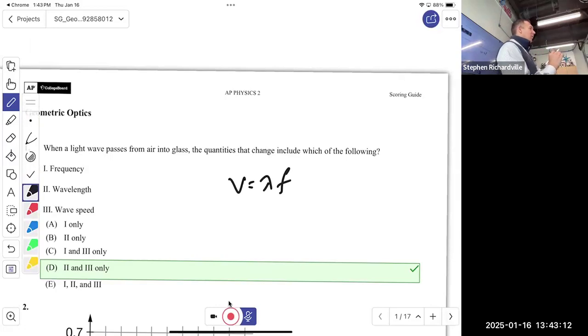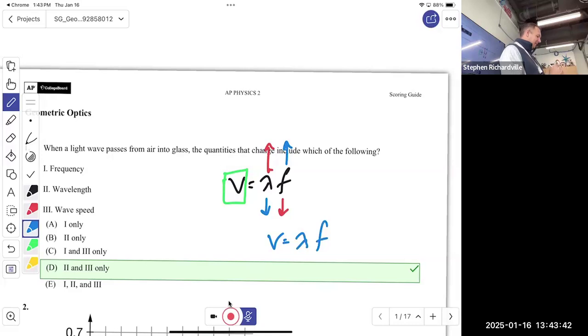Generally, what varies in light? What is the difference between red and blue? Generally, red is this, while blue is this, because this is what's constant. But if I isolate just a red laser or just a blue laser, in that case, when I do V equals lambda F with just blue light, what actually stays constant is this.